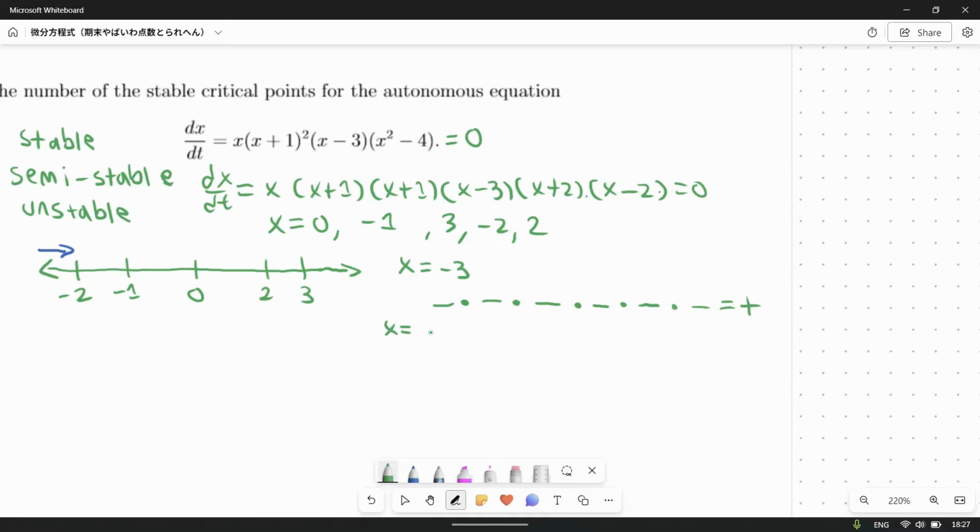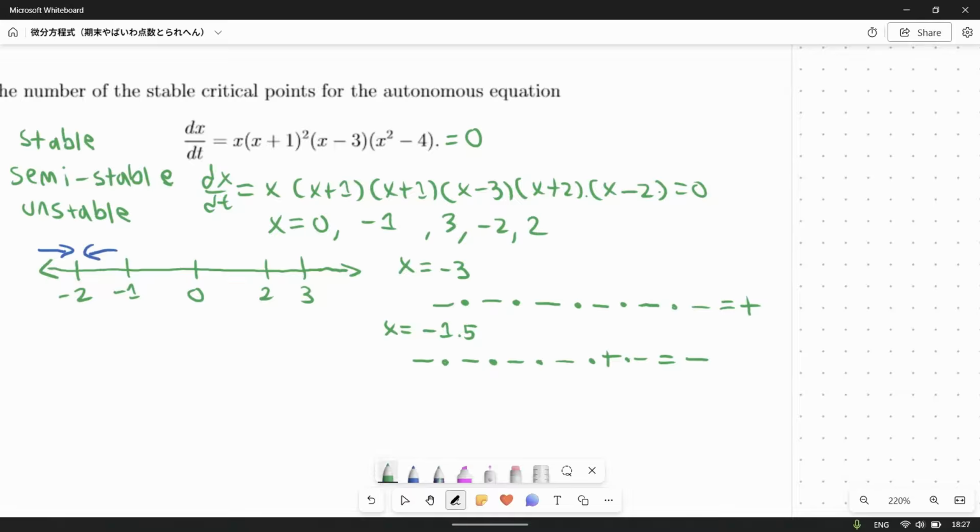When x is equal to -1.5, we end up with a negative times a negative times another negative times another negative times a positive times a negative, which is ultimately going to give us a negative because we have an odd number of negatives. And so as a result, we end up with an arrow that goes towards -2 again, between -2 and -1.